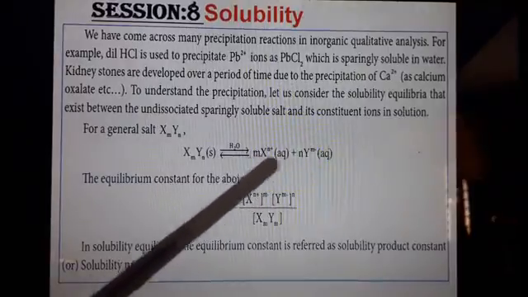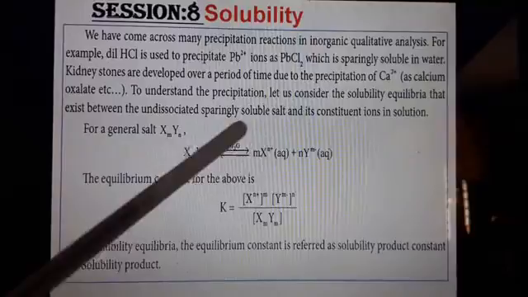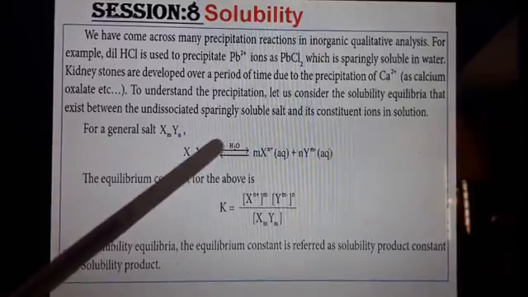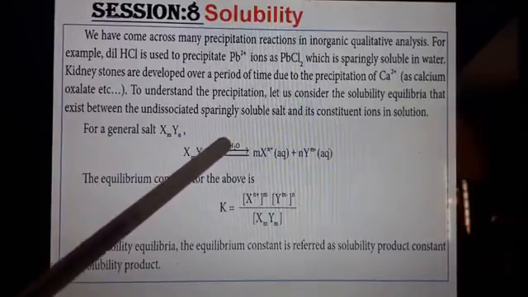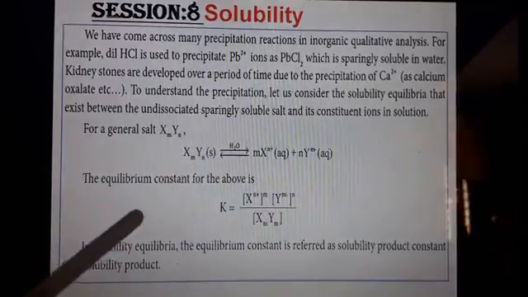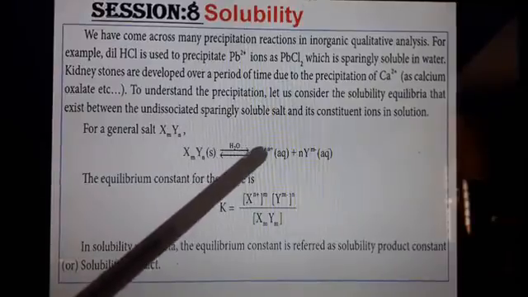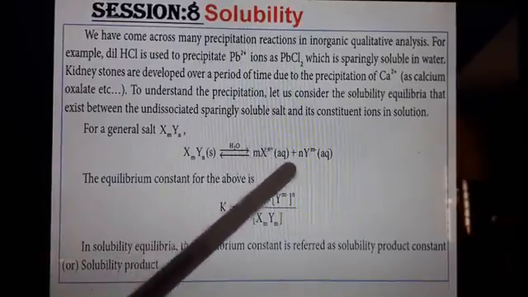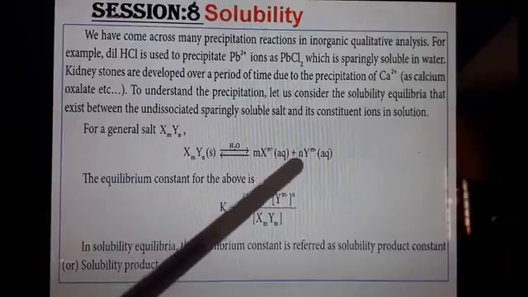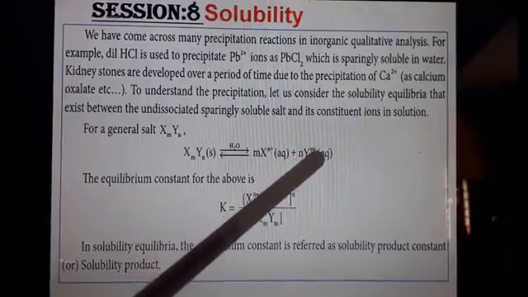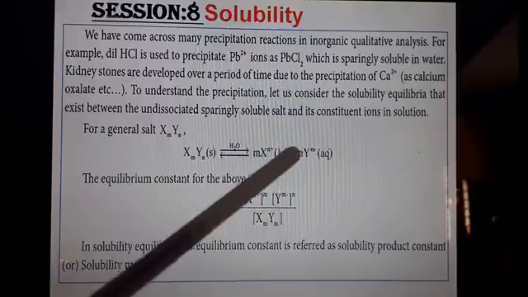This is the chemical equation for the chemical reaction: X M Y N in equilibrium with M X to the power N plus, plus N Y to the power M minus, the cation and anion.